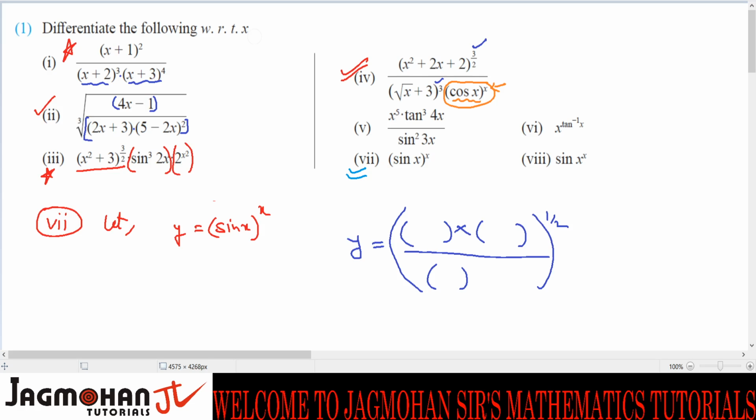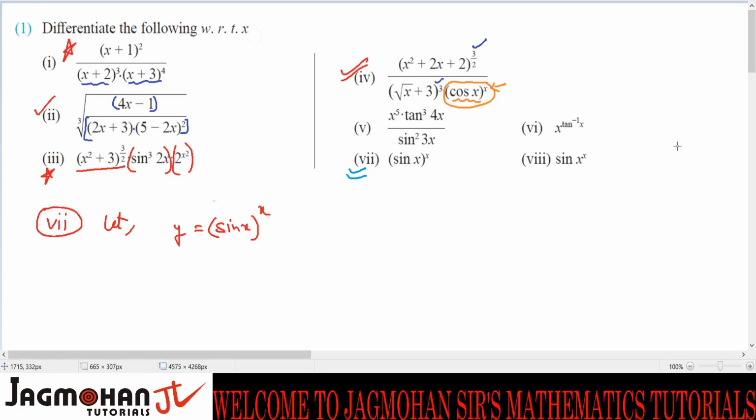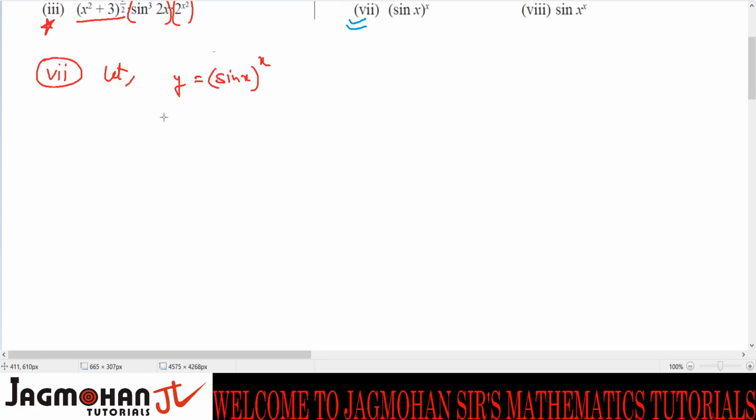What I want to tell you here is, look at this function very carefully. What kind of function is this? If I go for direct differentiation, if I start differentiating it as it is, differentiating with respect to x, then I would get d by dx of y equals to d by dx of sine of x the whole raised to x. As usual, I will ask you what kind of function is this?